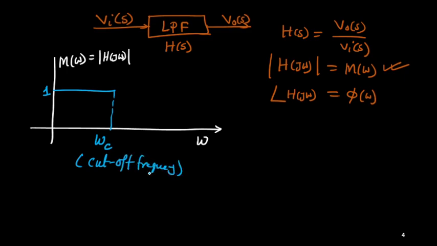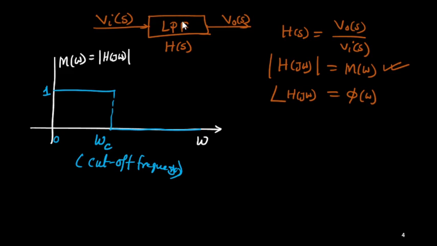We'll define it further. Here you can see that from 0 to omega c, any frequency signal can easily pass through the system because the gain is 1. But beyond omega c, it is made 0, meaning totally absent. Those frequency signals' amplitude will become 0 because it is multiplied by 0. You understand this, no?